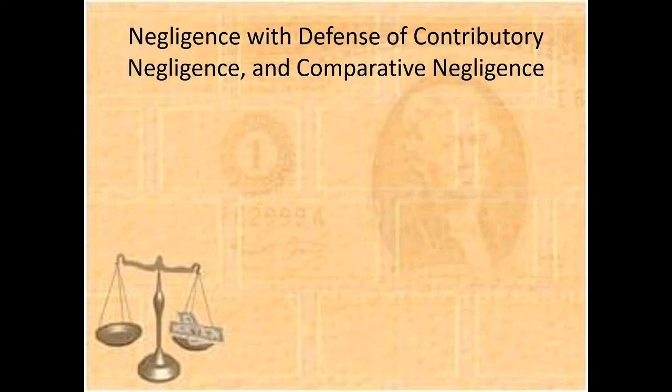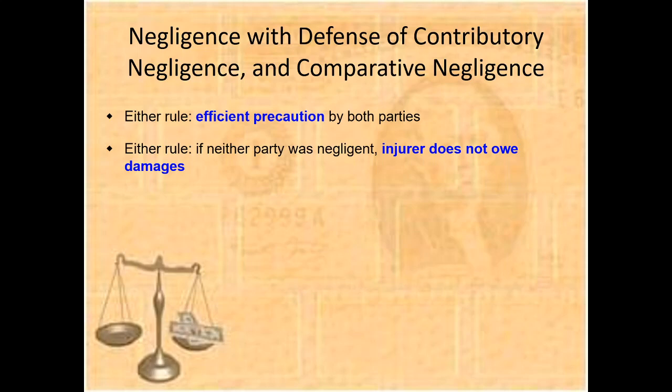So let us discuss the other two rules, which are negligence with the defense of contributory negligence and comparative negligence. What is going to happen in these two rules? Either rule results in efficient precaution by both parties, as we have already said. So in either rule, if neither party was negligent, the injurer does not owe damages. In both cases, neither party was negligent.